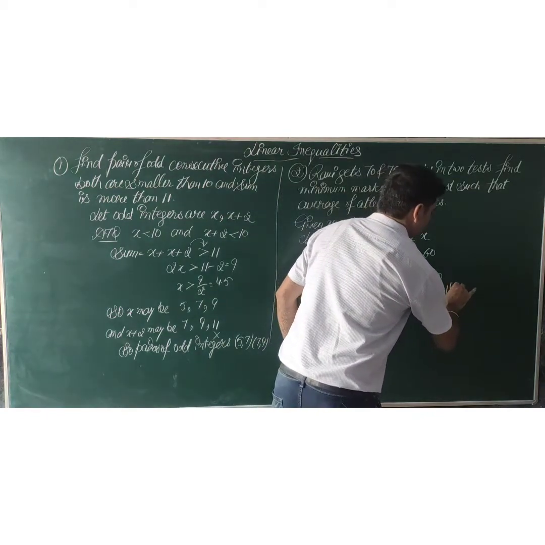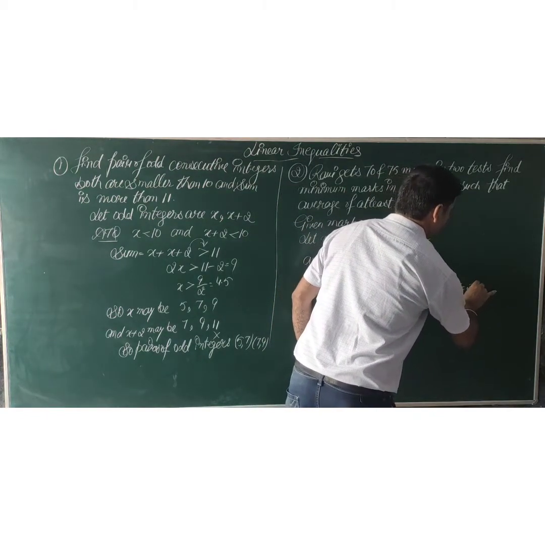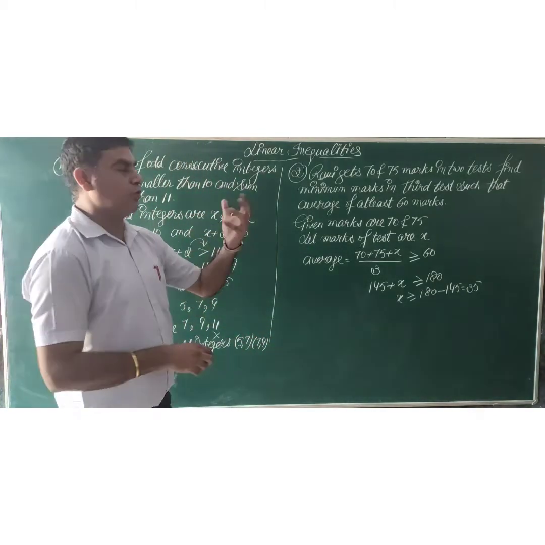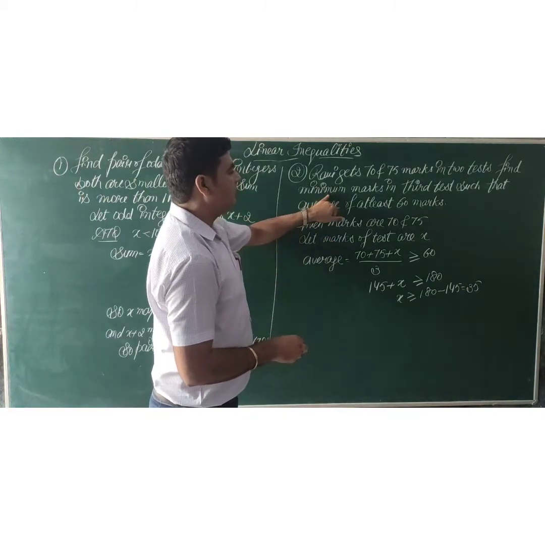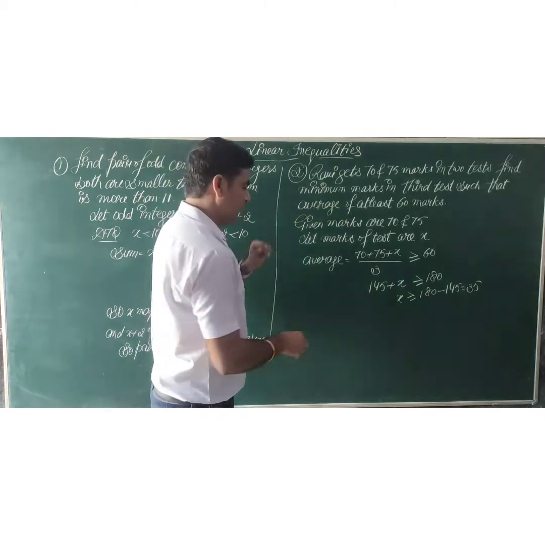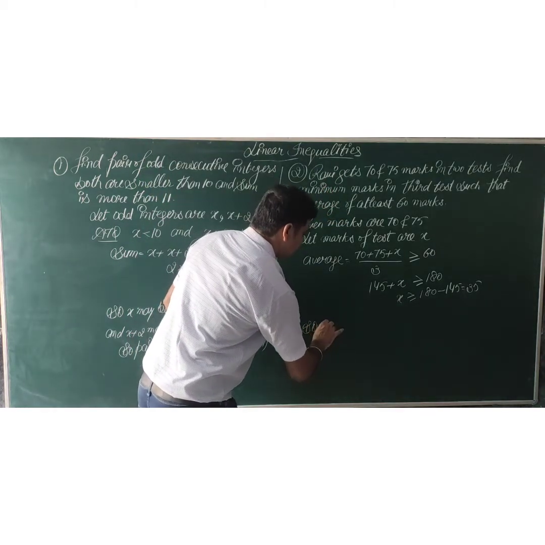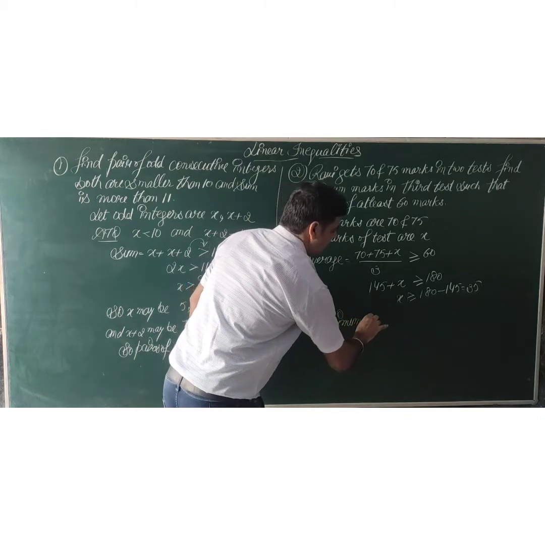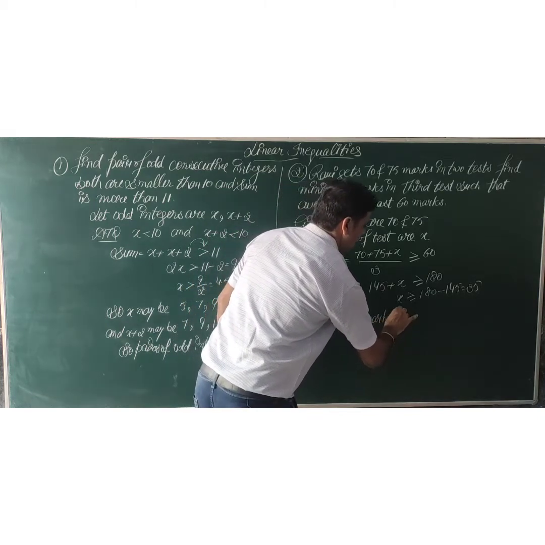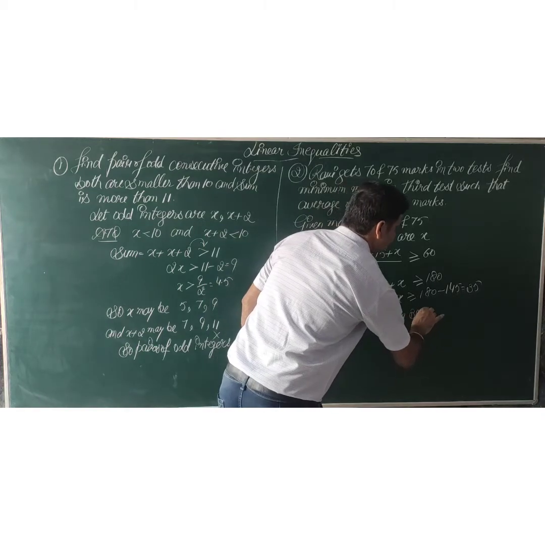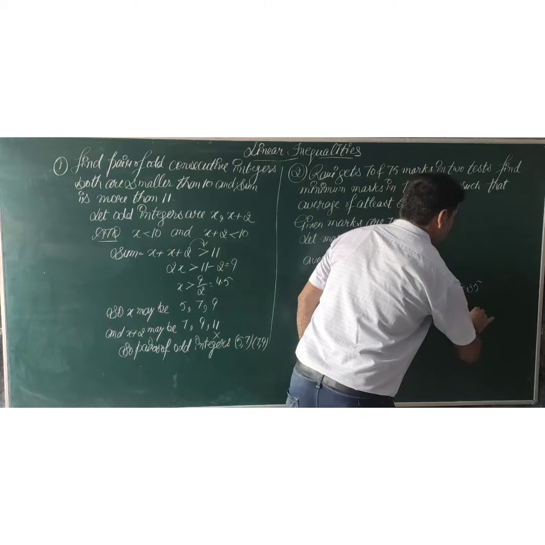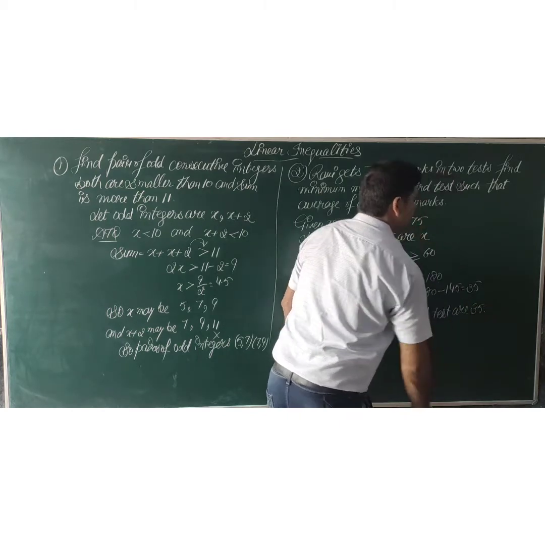We get here 35. It means the lowest value of x should be 35, otherwise more than 35. We have to give the value of x as the lowest value, minimum. So the minimum marks in the third test are 35.